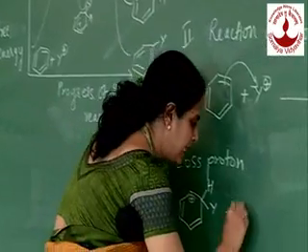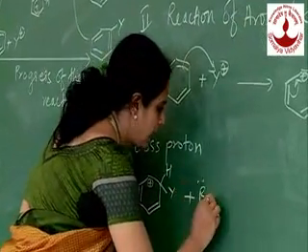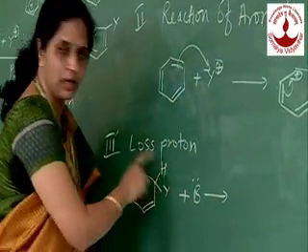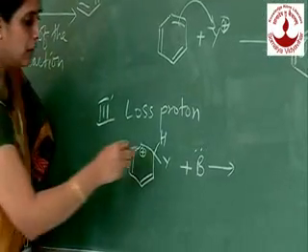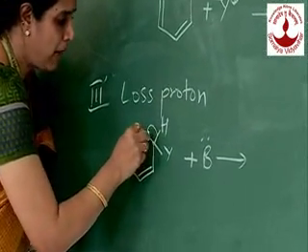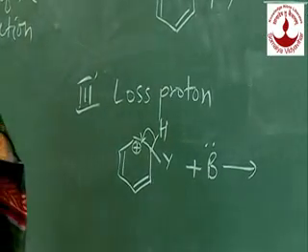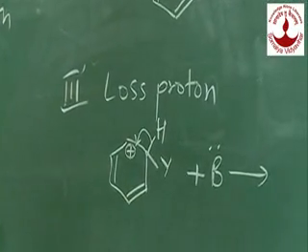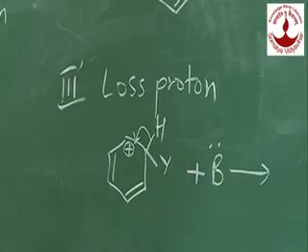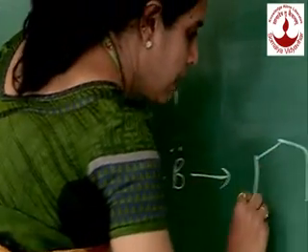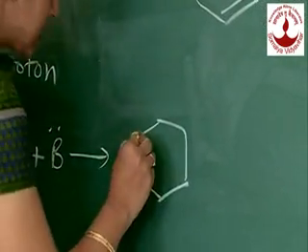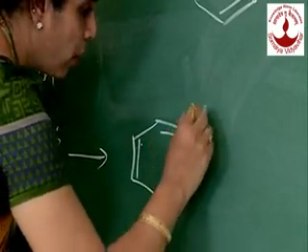So the base abstracts a proton. In the process, the pi bond is returned to the aromatic nucleus and the aromaticity is restored. What results is a monosubstituted compound.